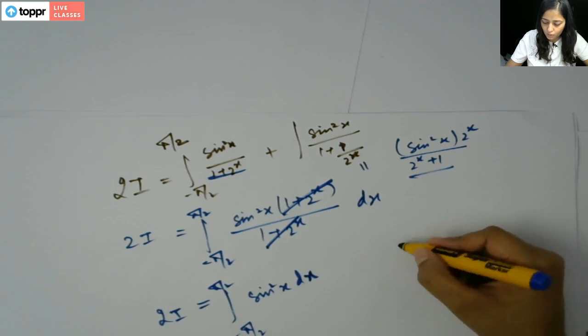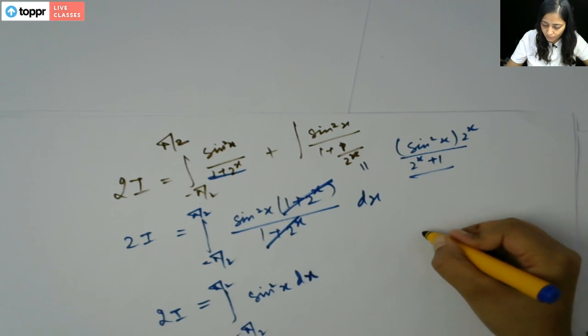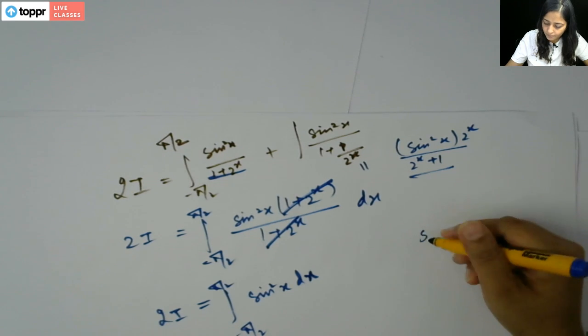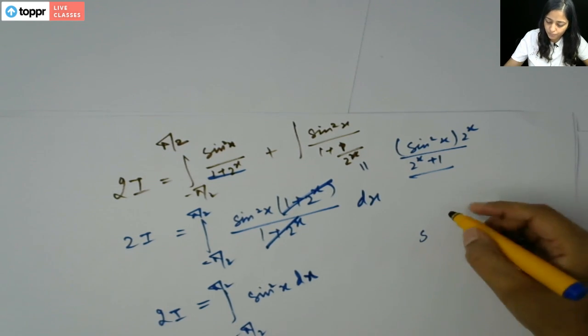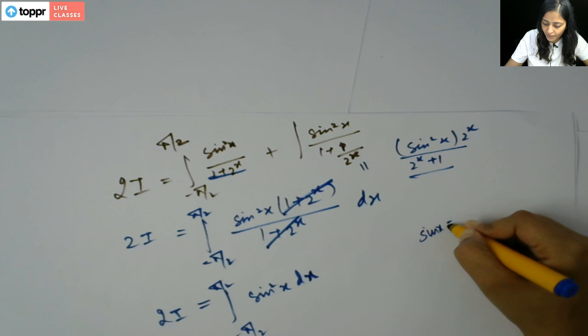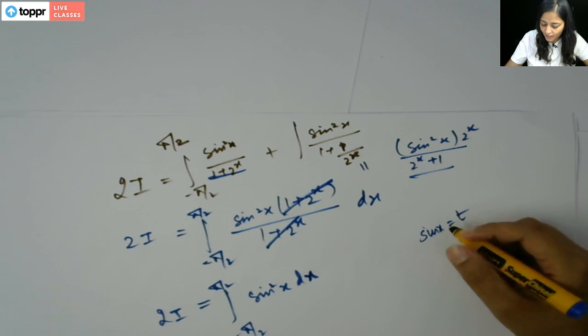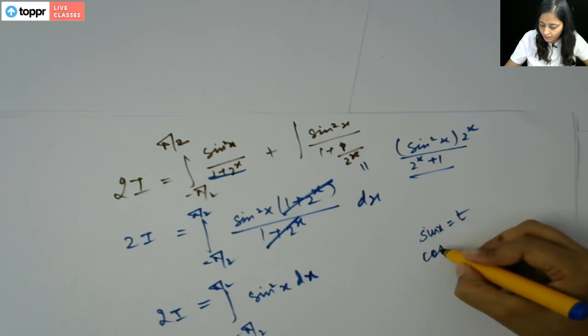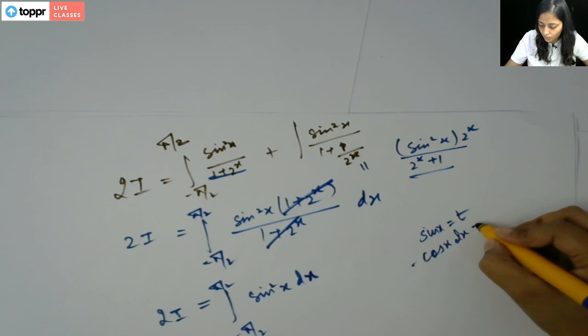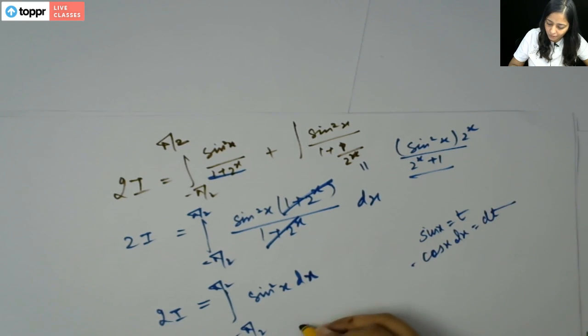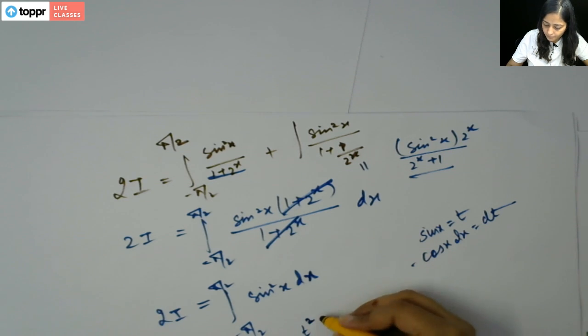Now to simplify this sin²x, we can write sin x to be t. So we are left with cos x dx equal to dt.